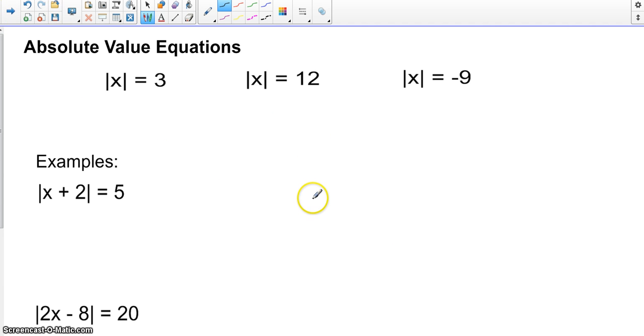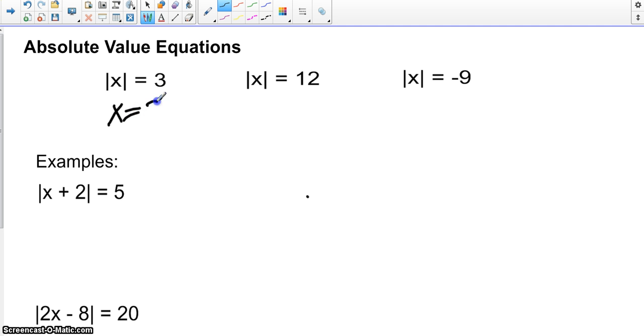All right, so what we really want to talk about in this video is the idea of absolute value equations, all right? And we're looking at 3 examples right here, okay? And basically, these kinds of equations, in most cases, are going to have 2 solutions, okay? So, for example, this one, what values of x would work here?